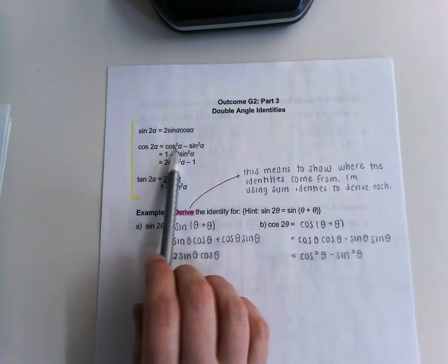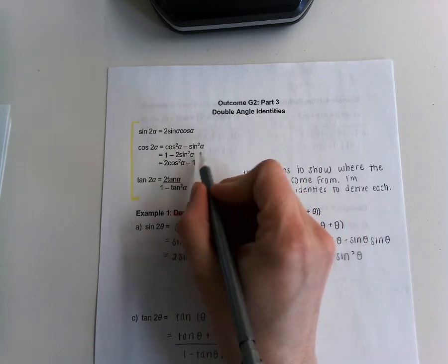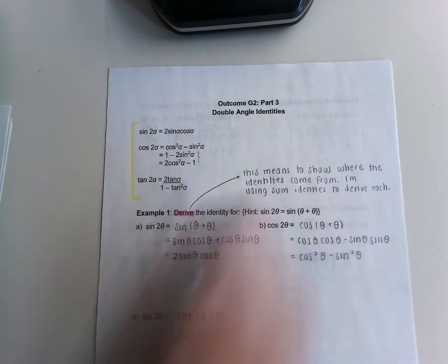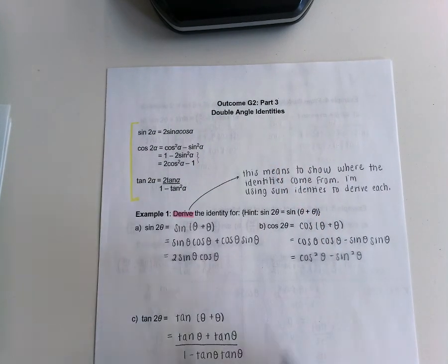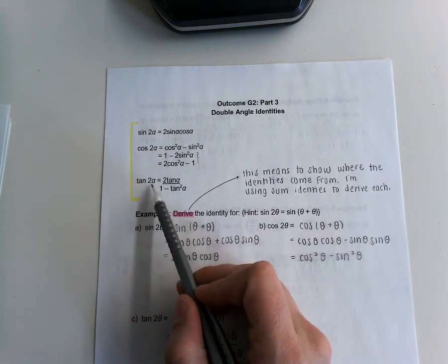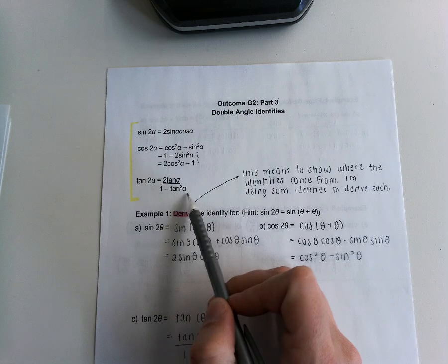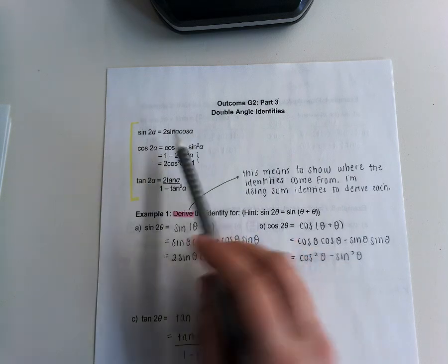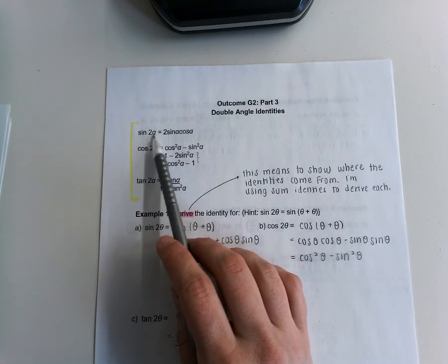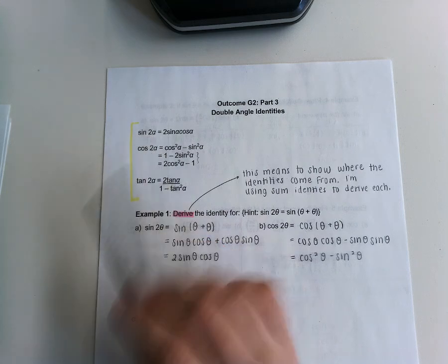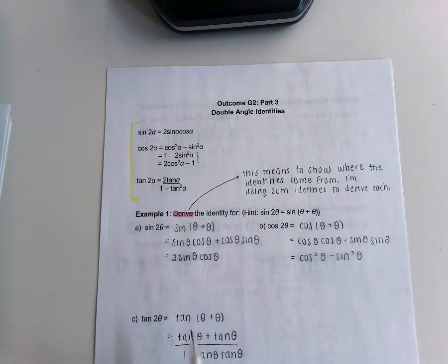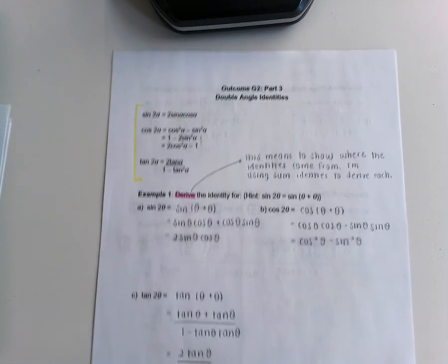This is now subtraction. And then you can see here we've got 2 variations of that identity. And tan of 2A is 2 tan A over 1 minus tan squared A. So if ever you see this 2 in front of your theta or your variable, you know you're working with double angle identities. So I'm just going to show you where some of these come from.